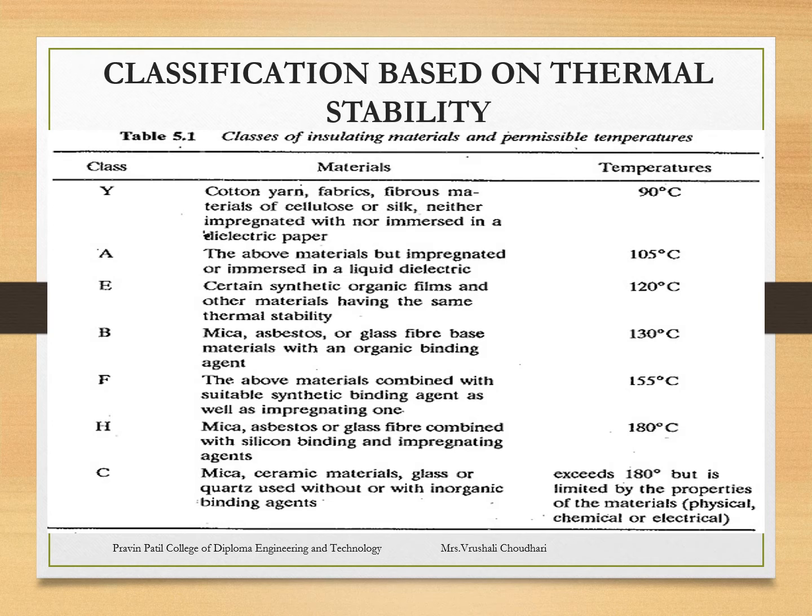They are classified into class Y, A, E, B, F, H, C. Materials used up to 90 degrees Celsius are classified as class Y. Up to 105, it is class A. 180, it is class C. Mica, ceramic material, glass, quartz, which are used at very high temperature, are called class C. At lower temperature, cotton, fabric, silk, paper are called class Y. As per the working temperature at which we use the insulator, they are classified into different categories.